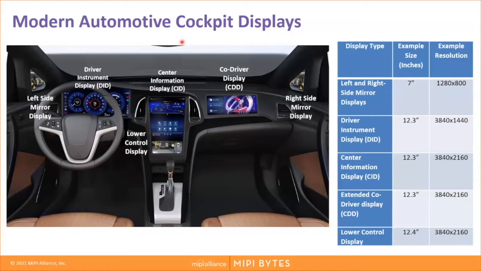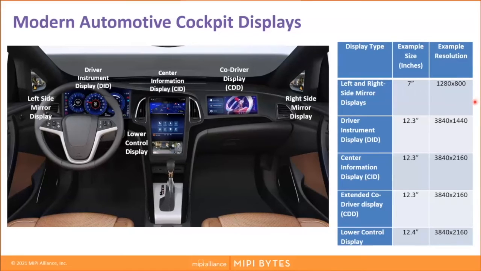All of these displays have very high resolutions. The table on the right shows some example resolutions, and these are available in modern automobile cockpits. The other thing that is required is very low power and functional safety, and in some cases, security to make sure that these displays will work within electrified cars that are fully connected to a 5G network.